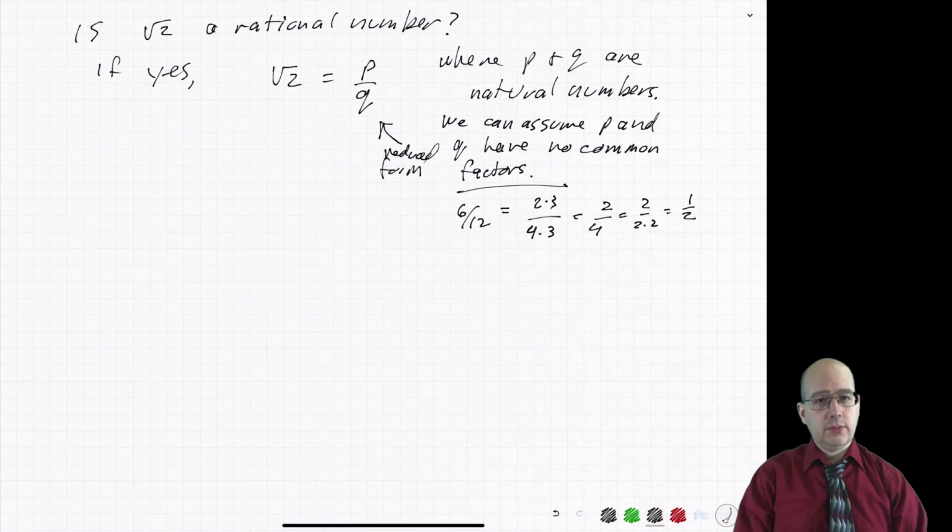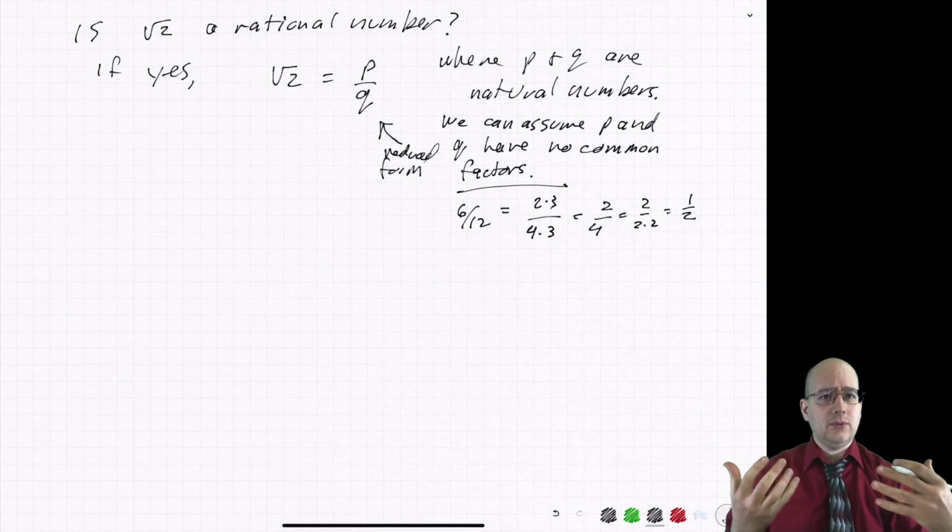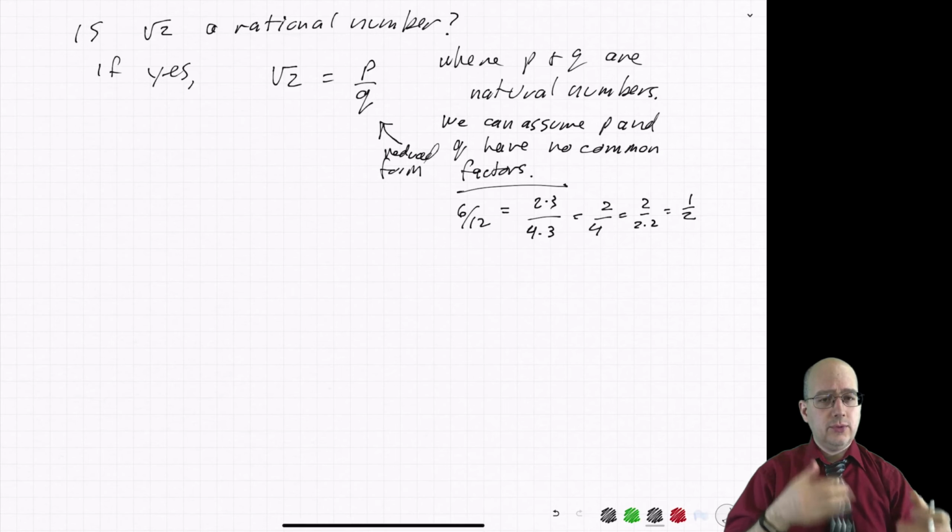It's good to contrast: is square root of 2 a rational number or not, right? I don't know a priori if that's true or not. We're actually trying to figure out, this is a proof to establish something that I don't know, versus the reduced form, where it's more like, well, how does that work, right? But it's almost common knowledge.